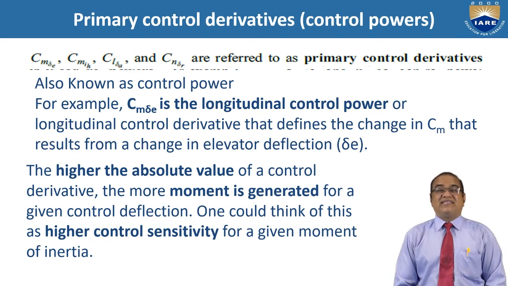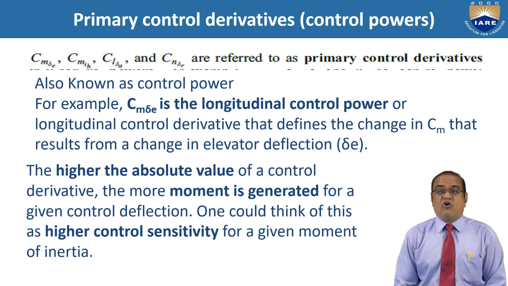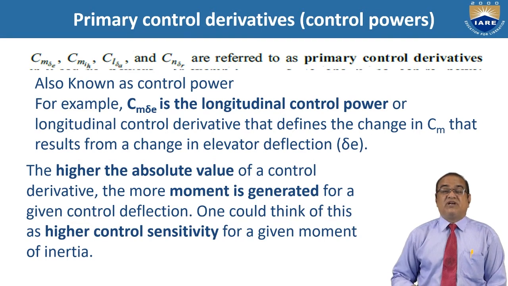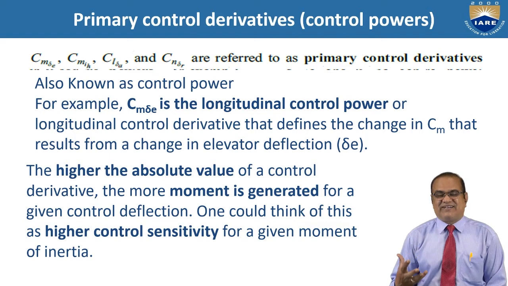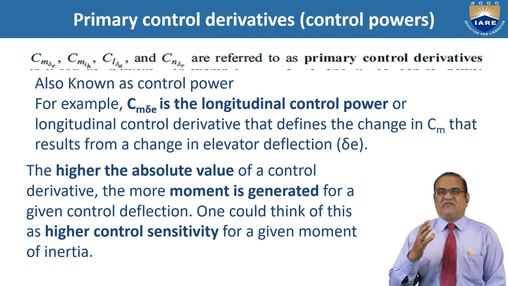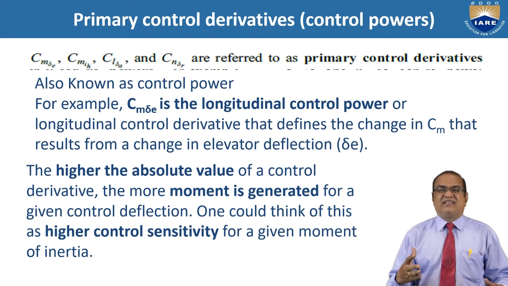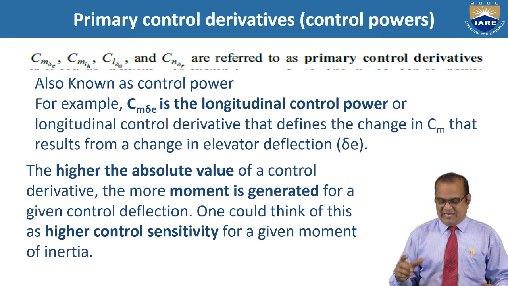So the higher the absolute value, the more moment is generated, and it means that much faster it is acting. If the value of Cm delta E is 5 and another Cm delta E is 3, the Cm delta E of 5 is much more responsive, much more sensitive than the Cm delta E value of 3. So this indicates the sensitivity of the aircraft.